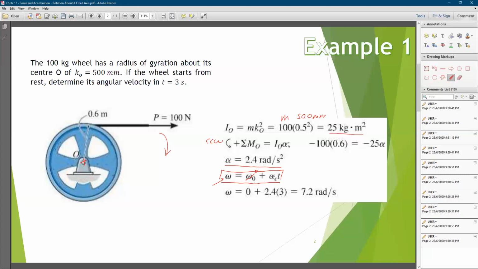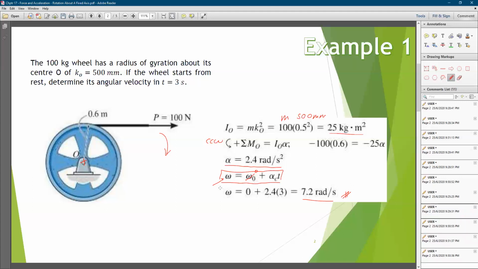Then the angular acceleration we already determined, which is equal to 2.4. And t is, of course, 3 seconds, so we just put 3 over here.